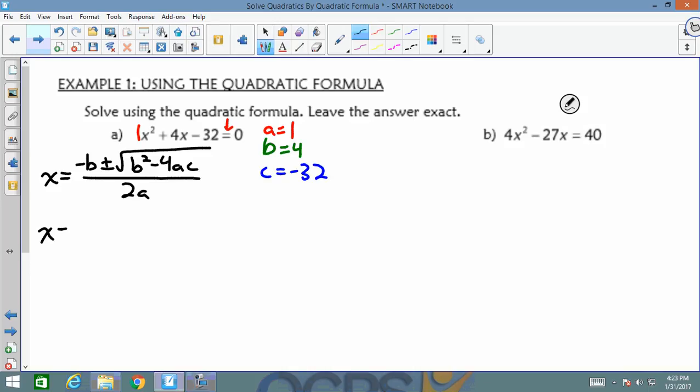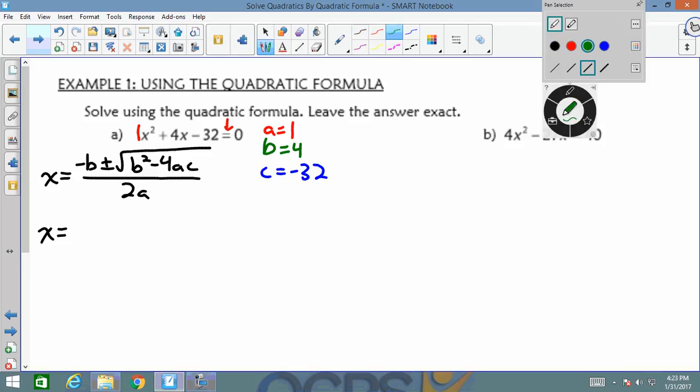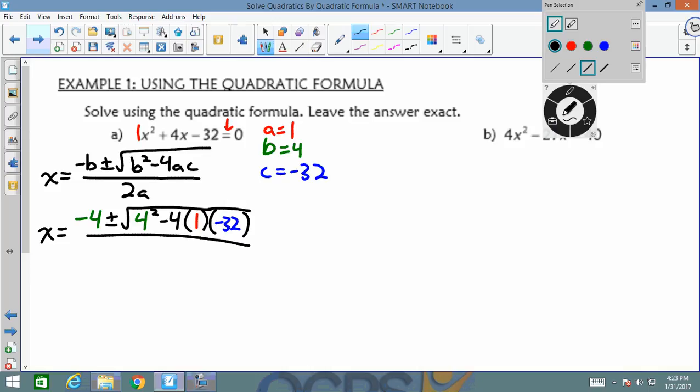So it's x equals negative b, so b is right now positive 4, so it's going to be now negative 4 plus or minus the square root of b, and b again is 4 squared minus 4 times our a, which is 1, times our c, which is negative 32, all over 2 times our a, which again is 1 in this case.